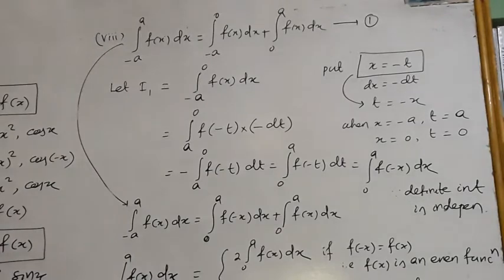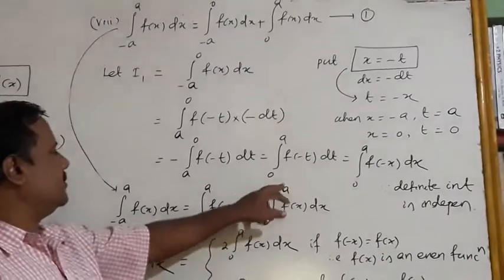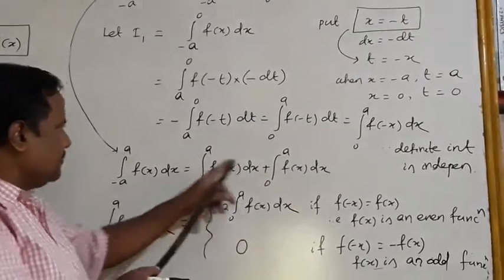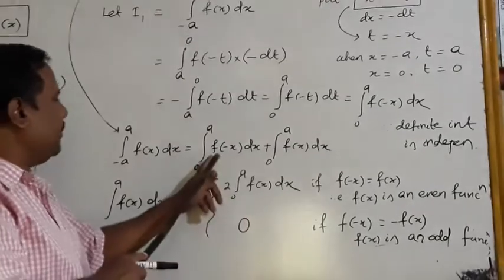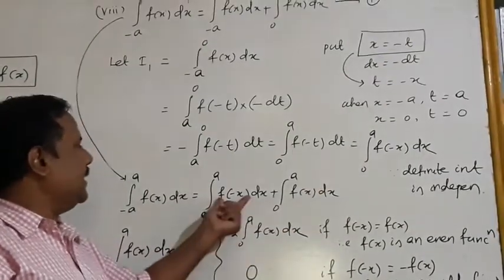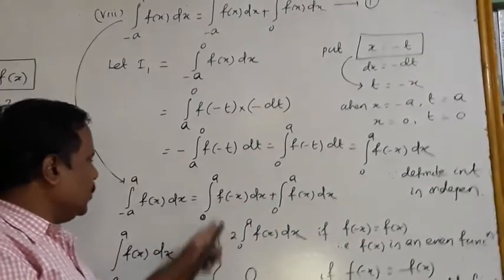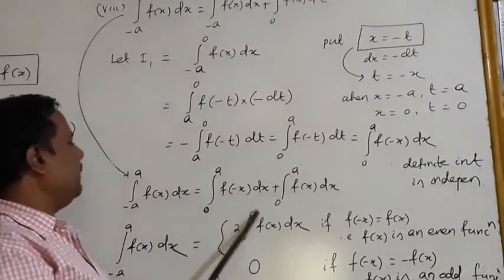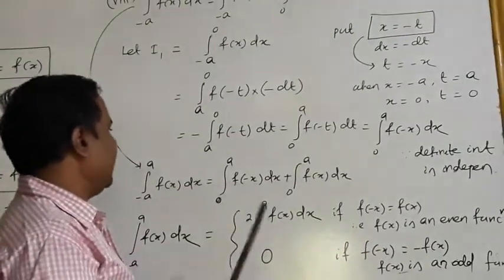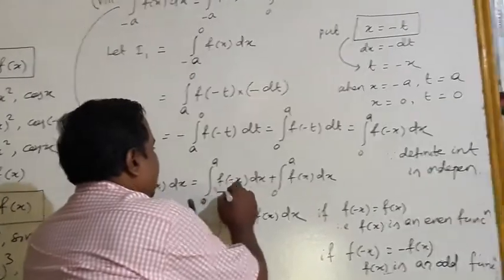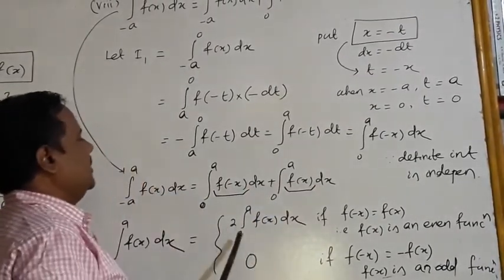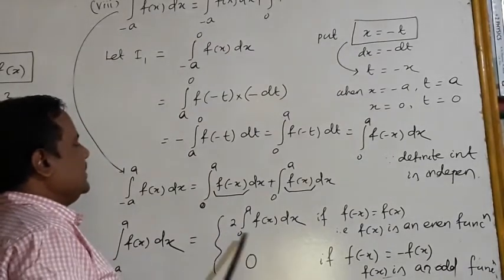Okay? Now look at here. It is 0 to a, it is also 0 to a. It is f of minus x, it is fx. Now it becomes 2 times fx if both, f of minus x and fx, are equal. So it is 2 times 0 to a fx dx if f of minus x is equal to fx.